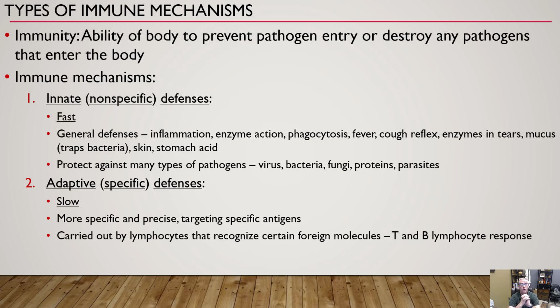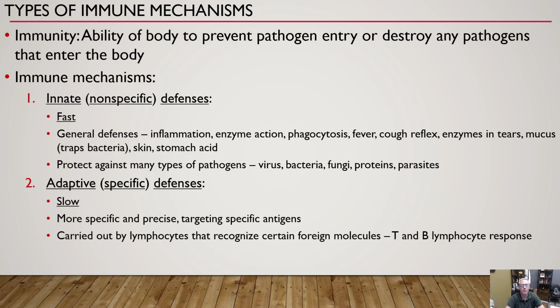Whereas an adaptive defense would be you see a snake in your house, you figure out what kind of snake it is, and you take specific measures to get rid of that specific snake. That would be an adaptive defense. So an innate defense would be something that is going to take care of something very general, something very broad, whereas an adaptive defense would be something very, very specific.